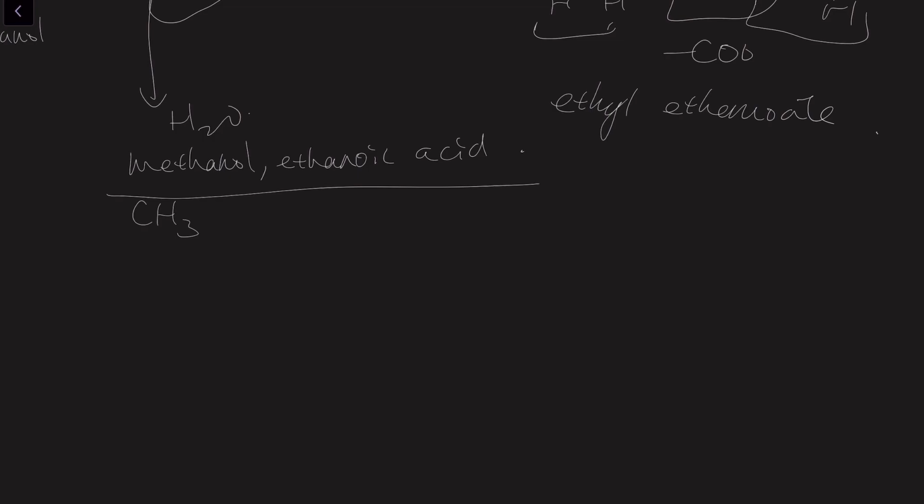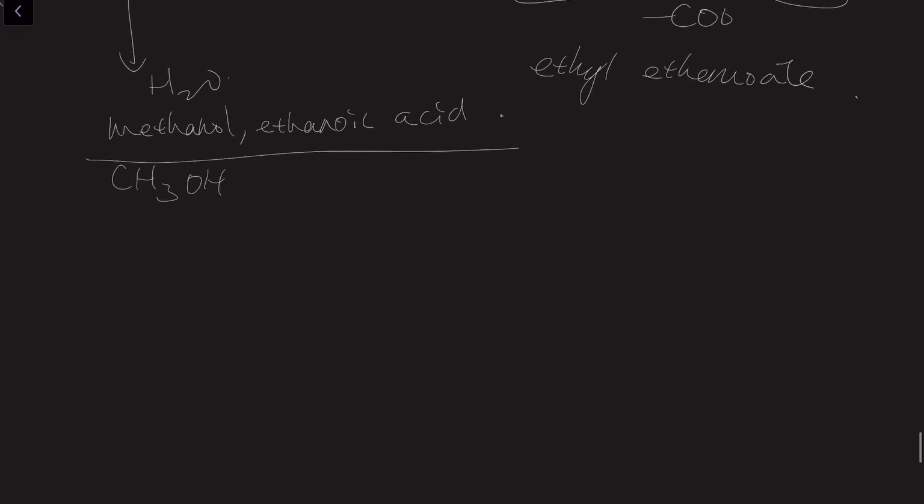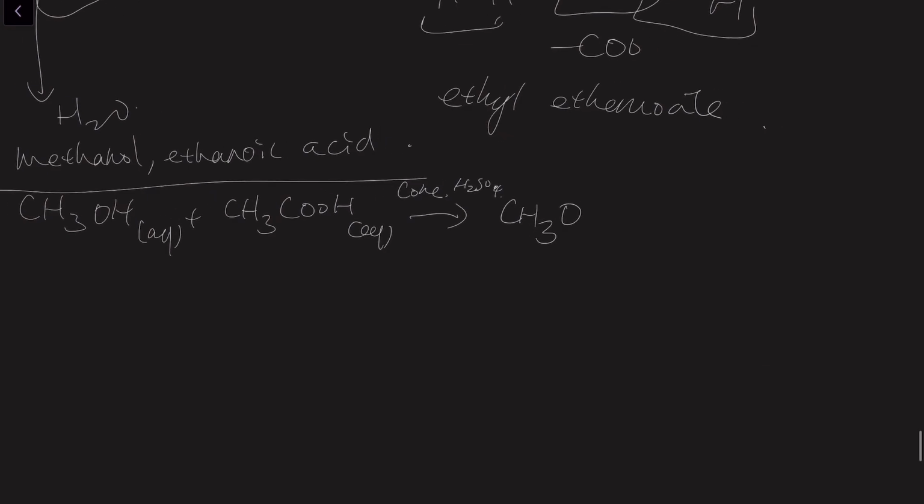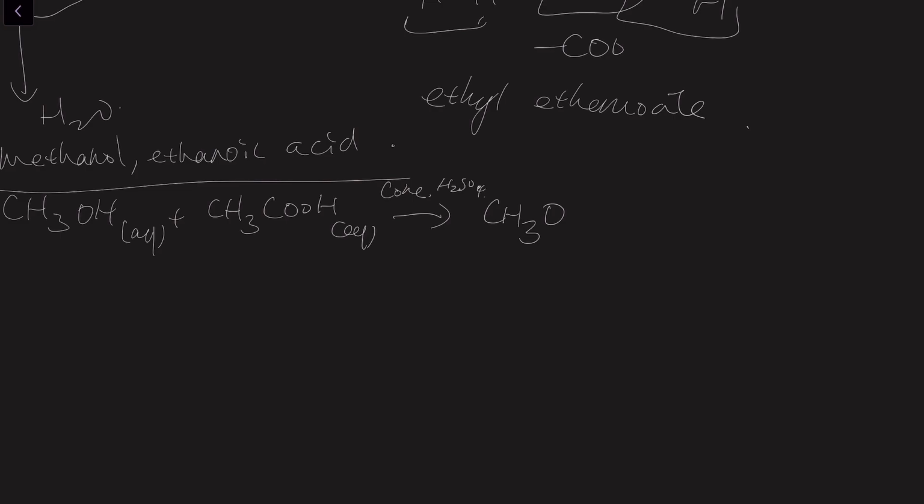We would have CH3OH, which is the methanol, combining with ethanoic acid, CH3COOH, in the presence of concentrated sulfuric acid to form CH3. Remember, the H of the hydroxyl group would be lost, and we also lose the OH from the acid.